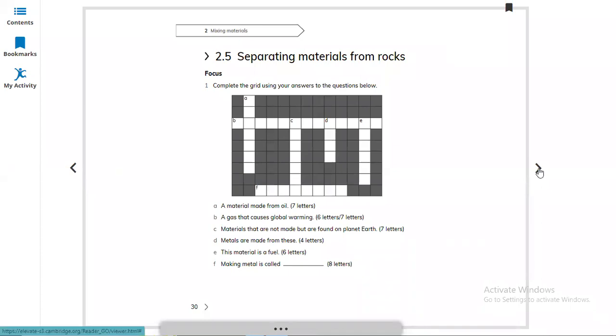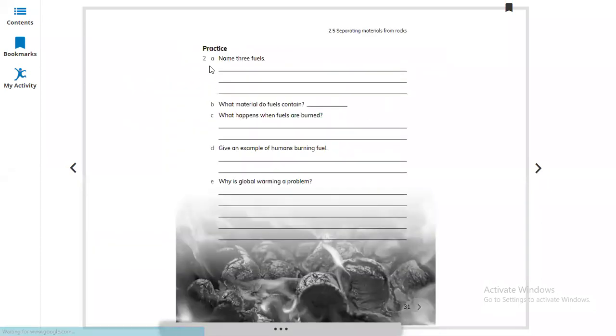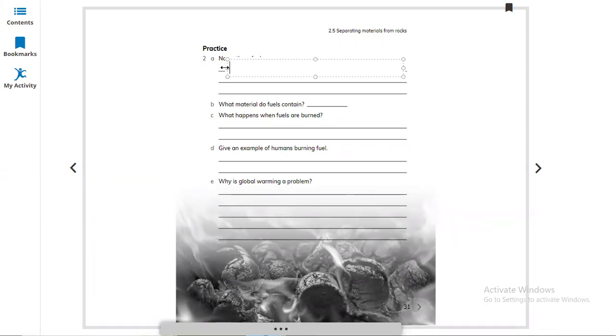Question number 2. Name 3 fuels. Diesel, petrol, you can say, let's write it. So these are the fuels used for different purposes.